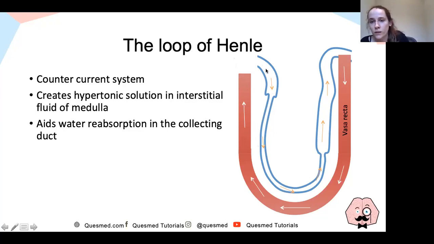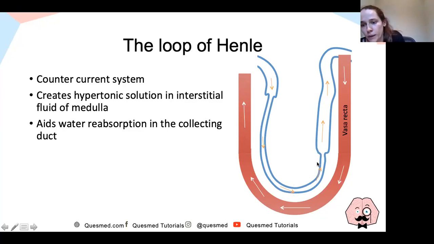So in the thin descending limb, we're constantly moving our more concentrated filtrates next to areas of higher concentration, and for water, it keeps on being able to move out and move out. We're constantly getting rid of the weaker concentrations and moving something of a higher concentration next to the filtrate, so that more and more water can move out.